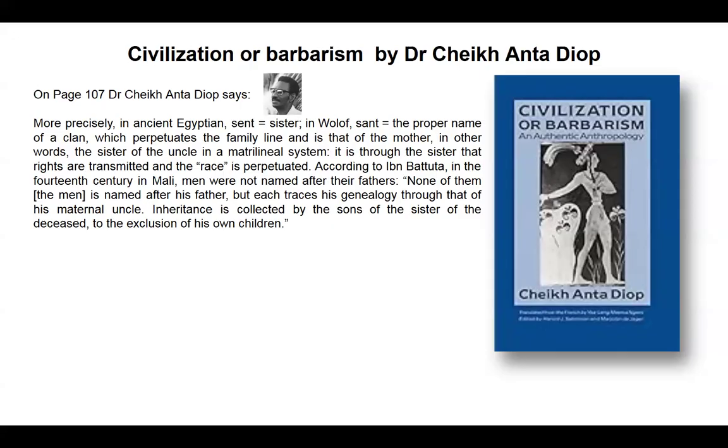Inheritance is collected by the sons of the sister of the deceased, to the exclusion of his own son. You see how we set up a cultural representation of the mitochondrial DNA. We may not have known of the word at the time, but we incorporated that science into our lineage system.